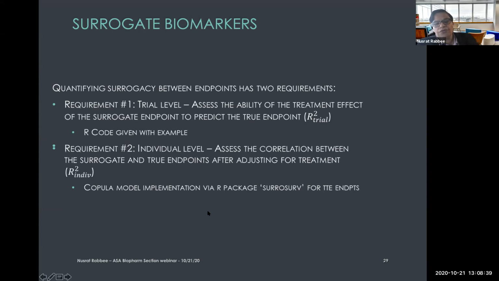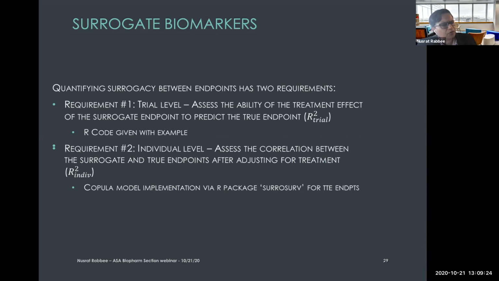I do introduce something called a copula model with the Clayton copula, where you can model the surrogate biomarker and the true endpoint as a bivariate random variable. Therefore you can make use of the correlation and come up with a good estimate of the R squared individual. So the S and T here are considered as a paired variable, and it's a two-stage approach.